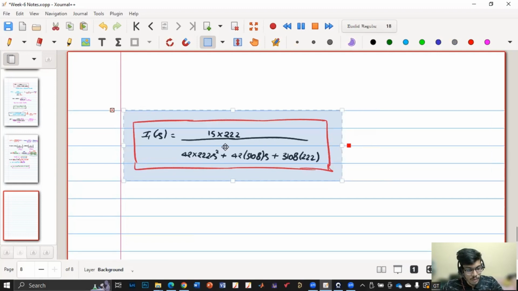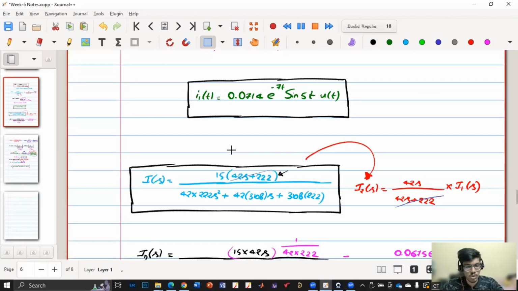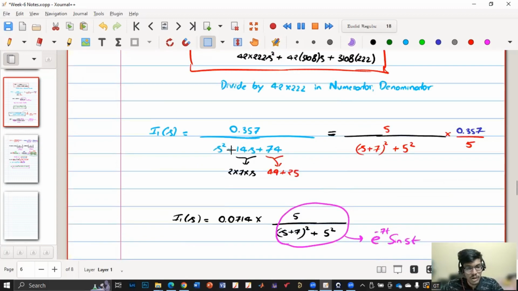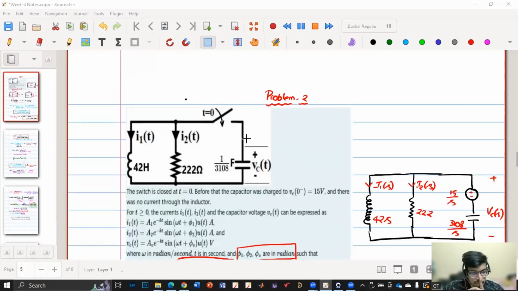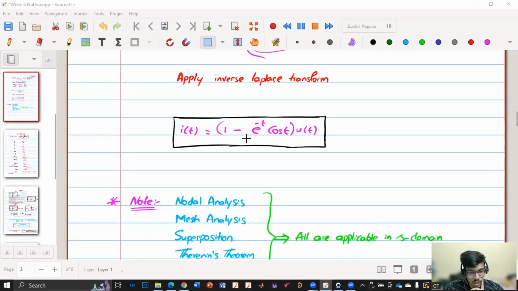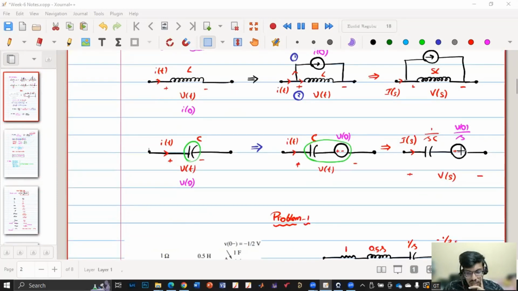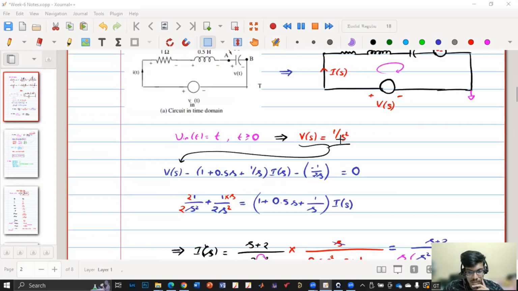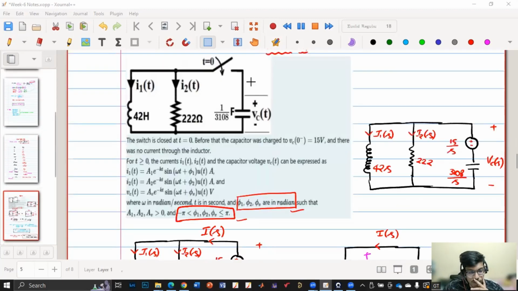No, sir. Please repeat the last step. Okay. So they have also asked us to calculate what VC of S is. In the beginning, I told that VC of S is across this initial condition term as well as the capacitance term. So VC of S, if you come back here, is nothing but this overall voltage.